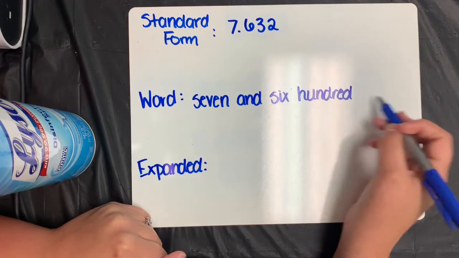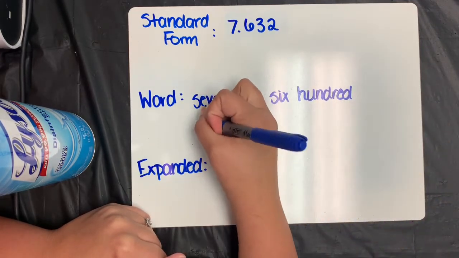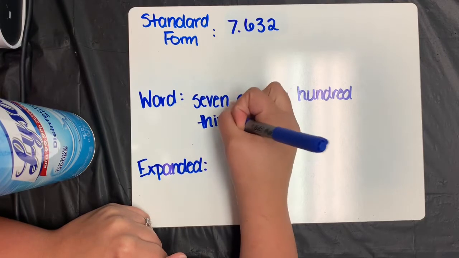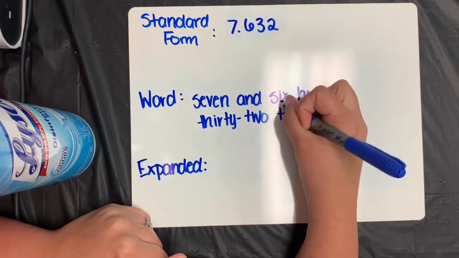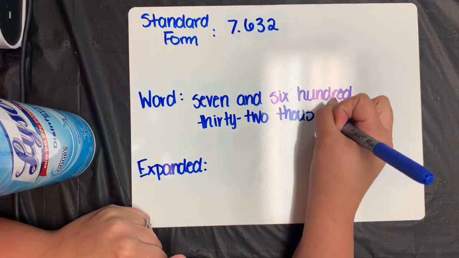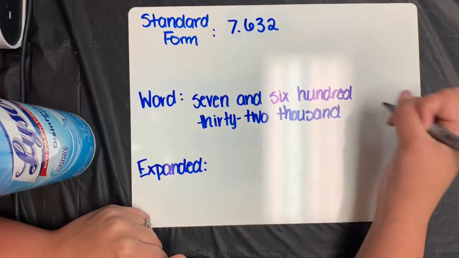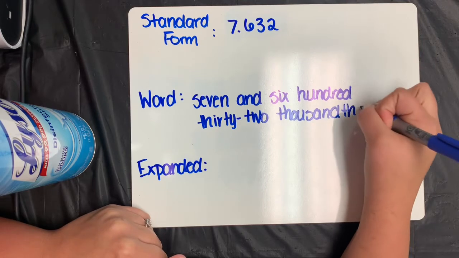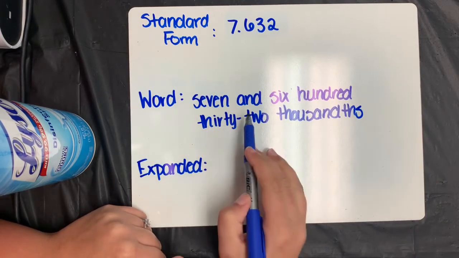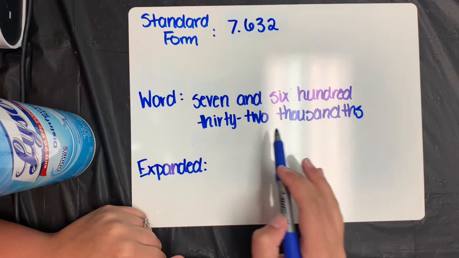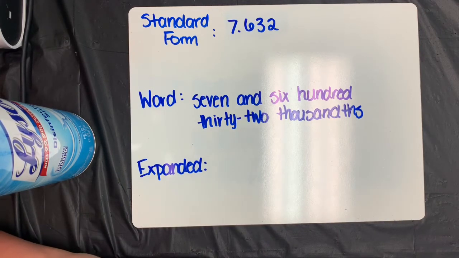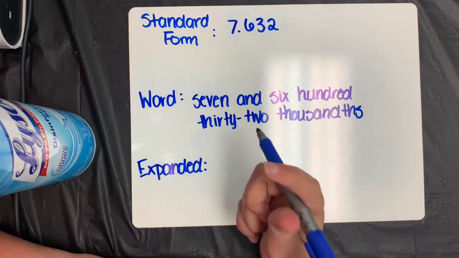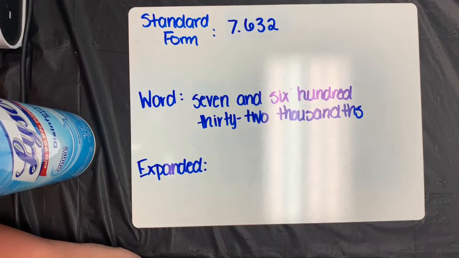Remember, thousandths is just thousand with a THS. So 7 and 632 thousandths. Notice how I didn't say 7 and 600 and 32. Remember, we're only doing an and when it is our decimal point. You do not add ands in the middle of numbers.